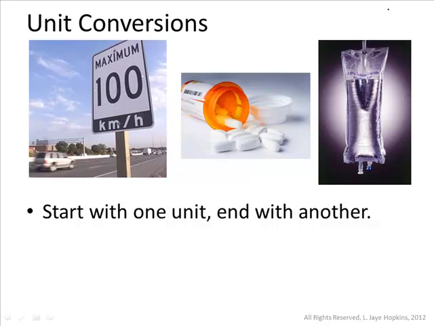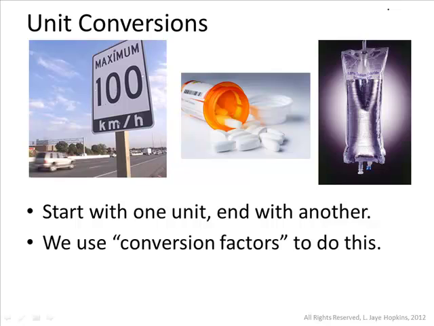Basically, in their most simple sense, unit conversions involve any calculation where you start with one unit and you end with another. So it could be simple, like starting with pounds, ending with kilograms, or it could be much more complex, starting with a dosage for a medication and ending with the amount of time the patient must be on the medication to receive that dose.